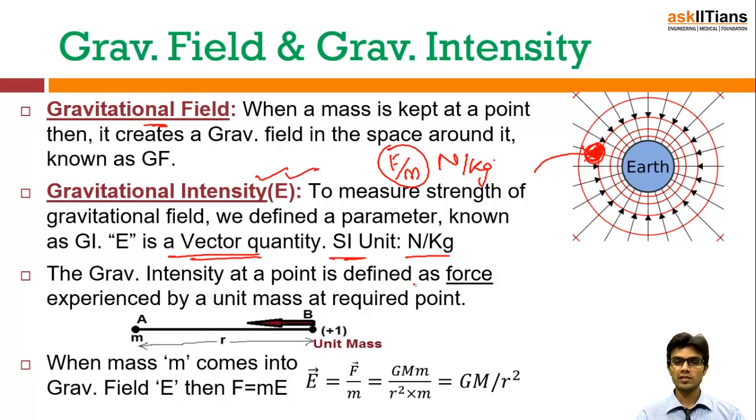The gravitational intensity at a point is defined as the force experienced by unit mass at the required point. Now this is the mass, and a point mass or unit mass is kept at distance r, so it feels a force due to this mass.